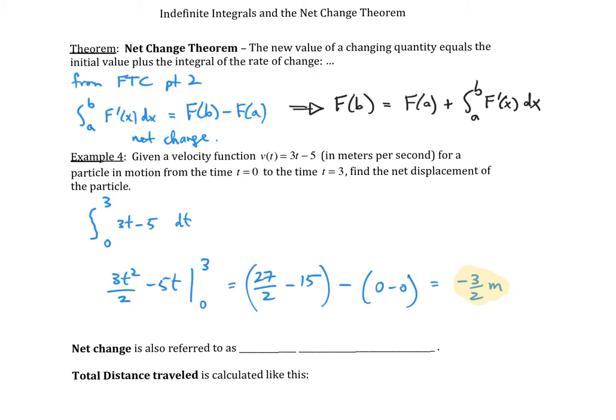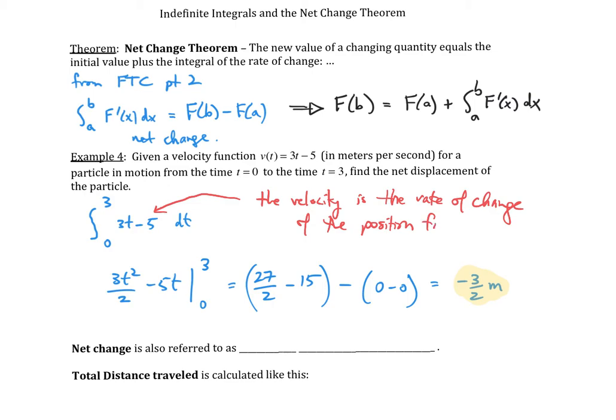I want to emphasize one final thing, which is that this 3t minus 5, the velocity, is the rate of change of the position function.